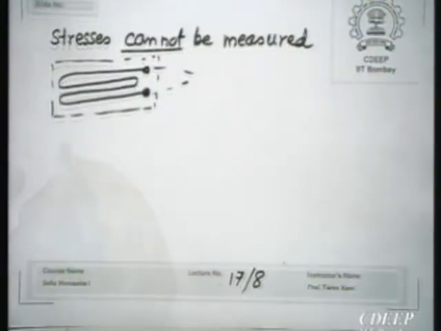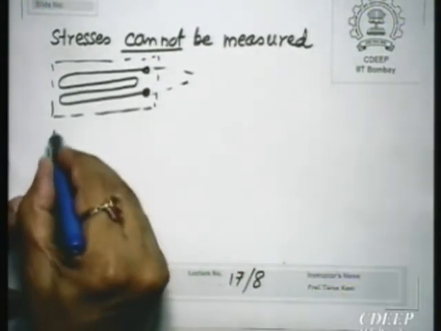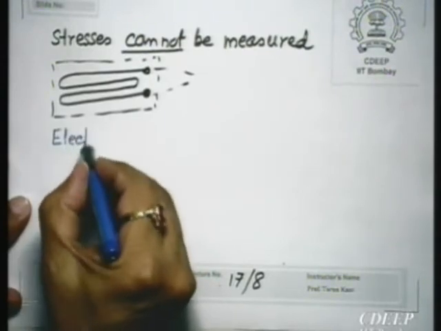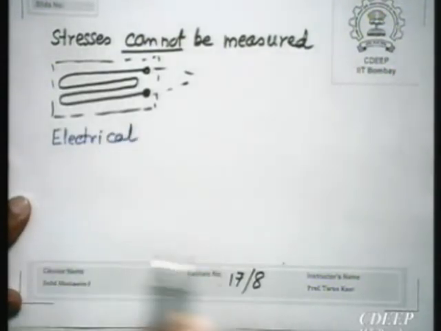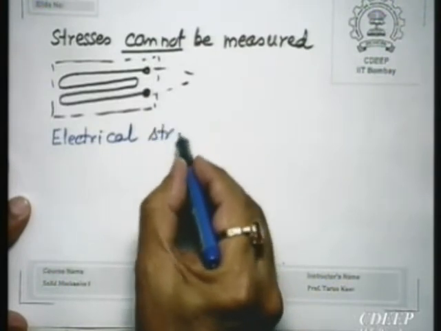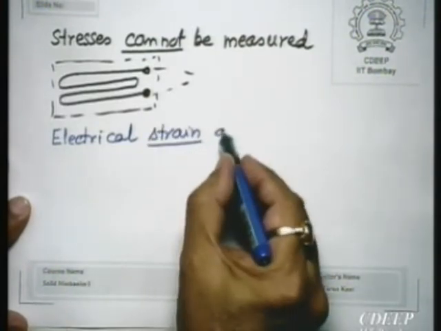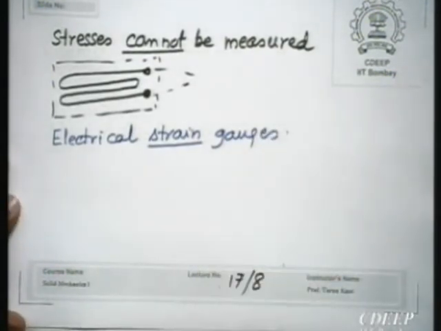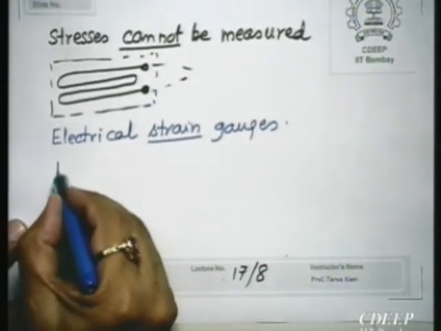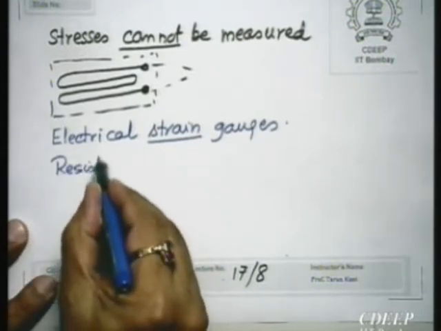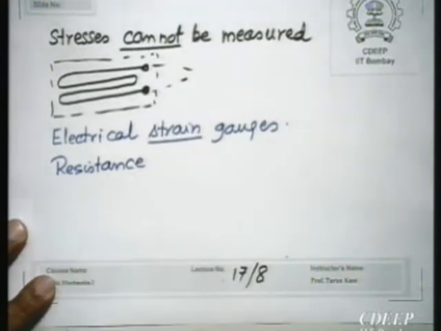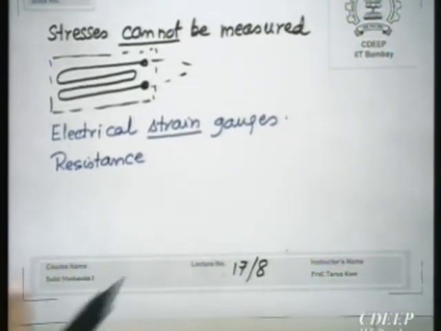So what we do is use these strain gauges, called electrical strain gauges. These are resistance type. Once it is bonded and the displacement takes place, the length increases.